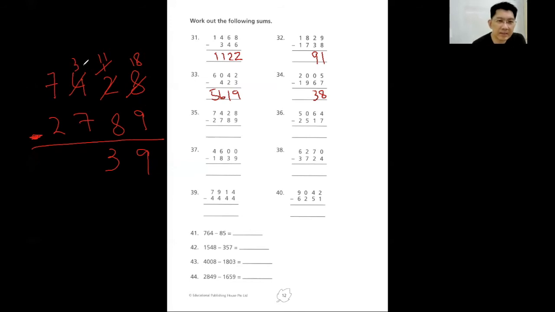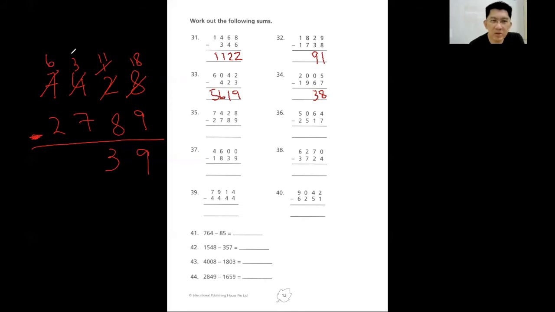Now, next group, 3 minus 7. Again, we get smaller number minus big number. Sorry, can't do that. We have to borrow 1 from 7. If you take 1 from 7, that leaves only 6 here.